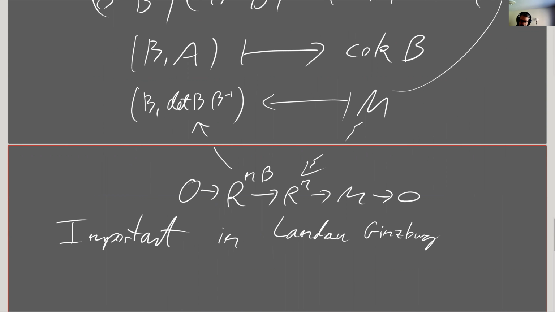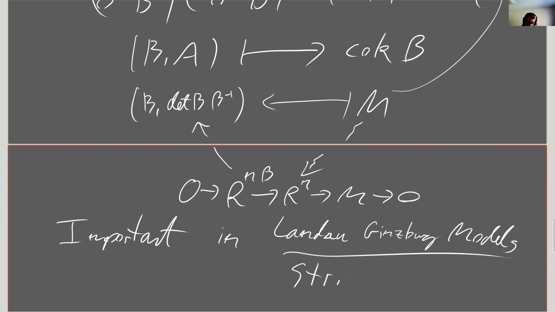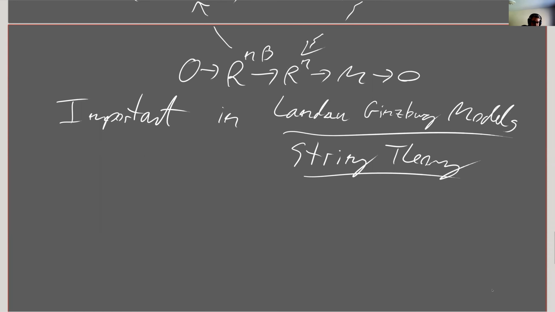I mean, the category of matrix factorizations is the same as the maximal Cohen-Macaulay modules for a hypersurface. And so it's important for things. Well, maybe I'll just write string theory. I won't say any more because I really don't know anything about this part of it, so I don't want to say too much. But definitely matrix factorizations come up in this context a lot.